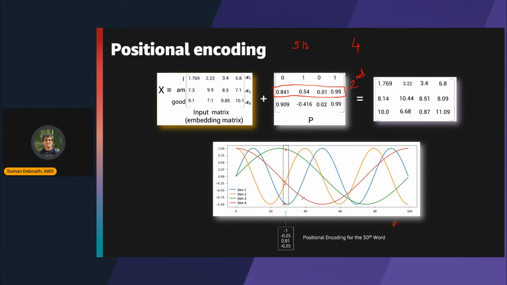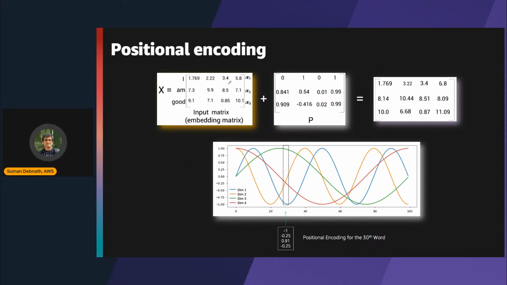Imagine if this is for the 30th word, I will have a matrix. The dimension will be more, but I will just have that whole vector which is mentioned here. So the idea is we generate a number of functions depending on the dimension, and then we just pick the value of all those functions and add them to the input matrix.